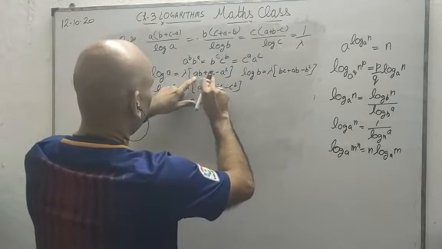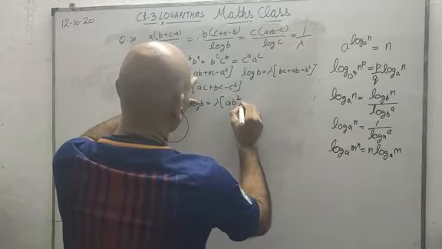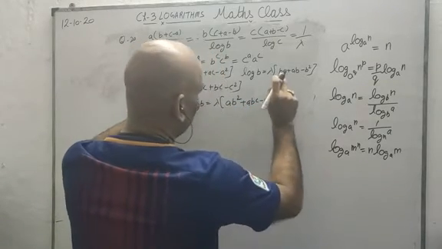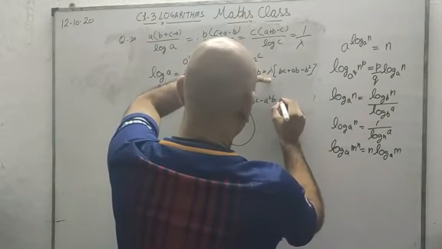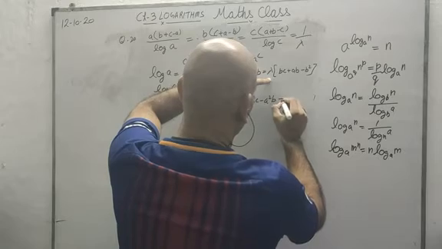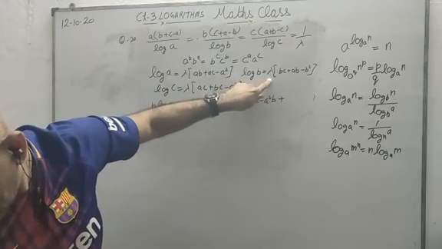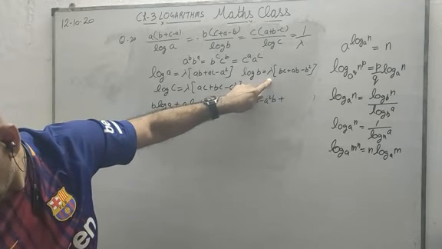This I have multiplied by b, so it becomes ab square plus abc minus a square b. I made some mistake. It is c plus a minus b now. Yes.